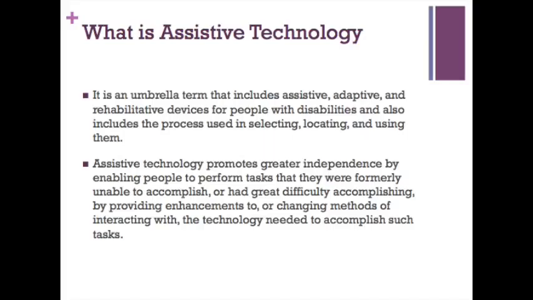Adaptive or assistive technology promotes greater independence by enabling people to perform tasks that they were formerly unable to accomplish or had great difficulty accomplishing by providing enhancements to or changing methods of interacting with the technology needed to accomplish such tasks.